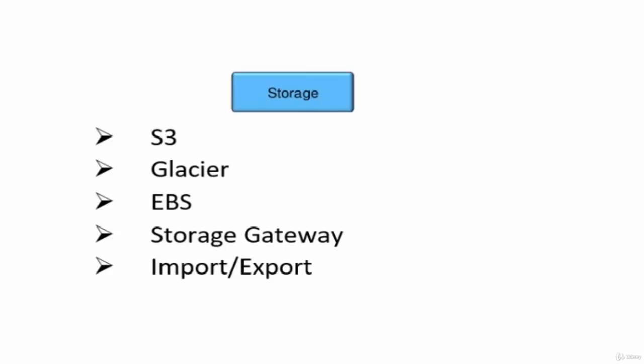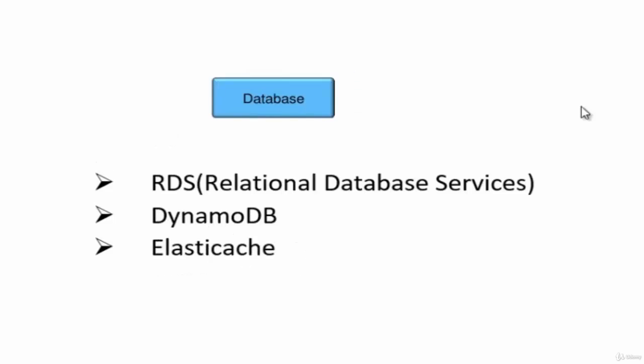Now coming to databases, we have Relational Database Service, DynamoDB, and ElastiCache. Amazon Relational Database Service makes it easy to set up, operate, and scale a relational database in the cloud.